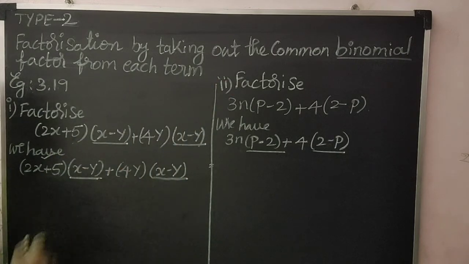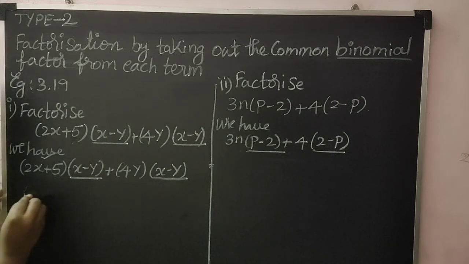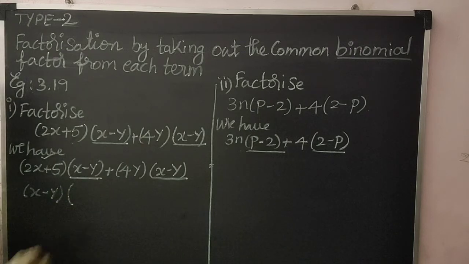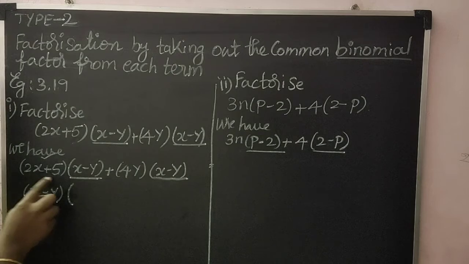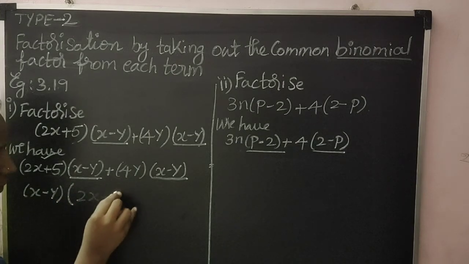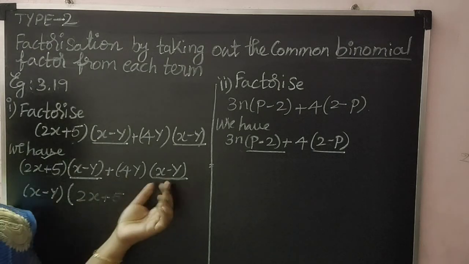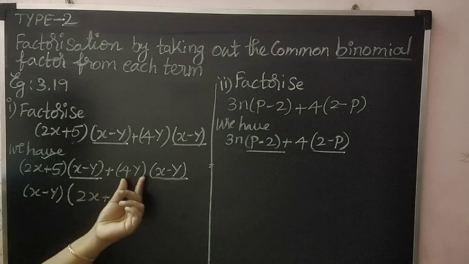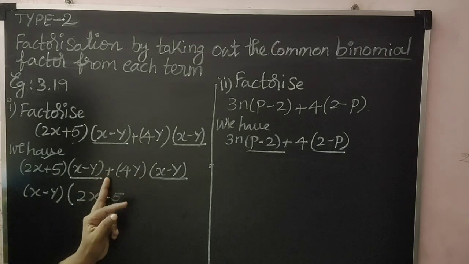So we are going to take this binomial x minus y as the common factor. So take out x minus y. Then start the brackets. Here we take out x minus y. What is the remaining here? 2x plus 5. So write this 2x plus 5. In the second term also we take out x minus y as the common factor outside. So here what do we have? What is the sign given?